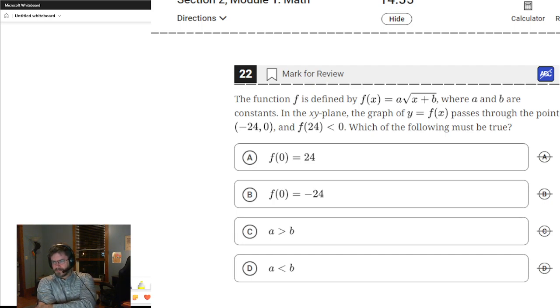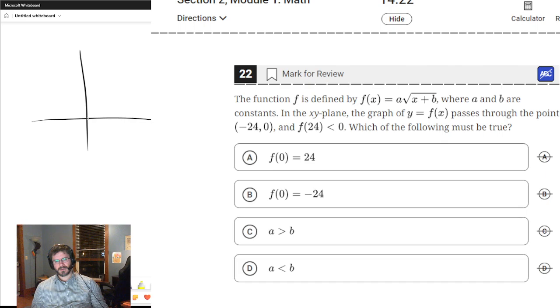XY plane, the y equals f of x passes through the point there, and f of 24 is less than 0. Okay, fine. So the first thing I like to think about is, what is the parent function doing here? So a regular square root function is going to look something like this. The coefficient A is going to be the vertical stretch.